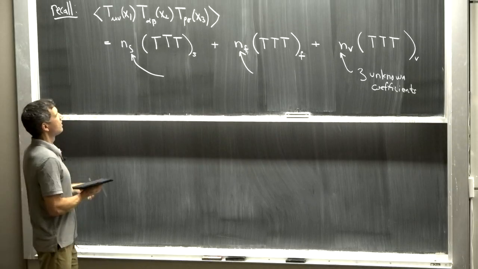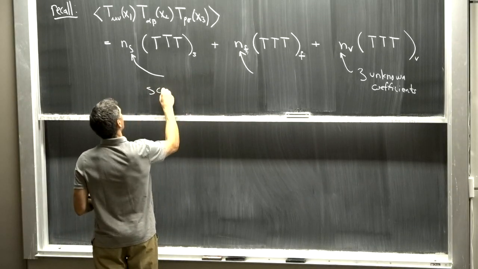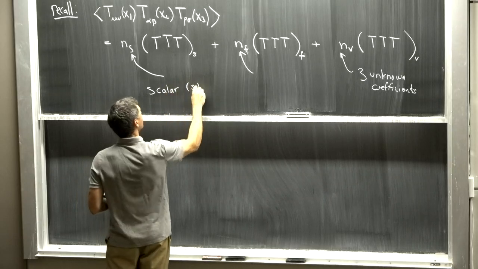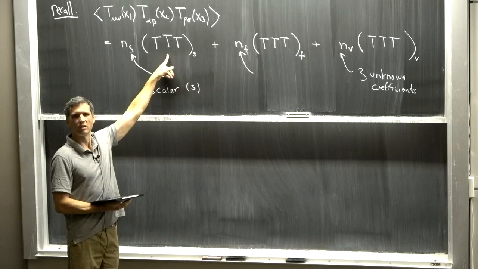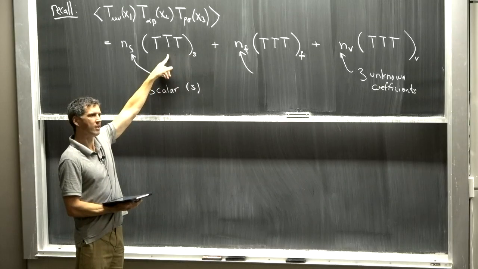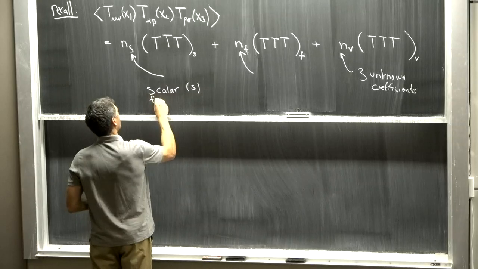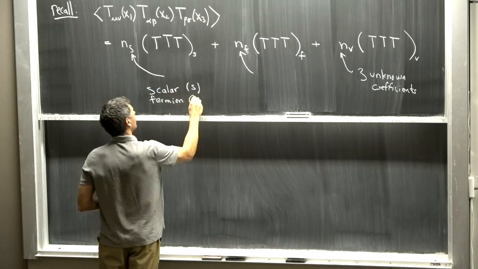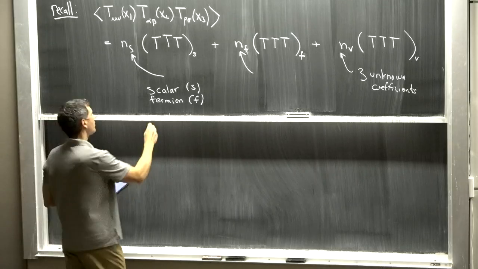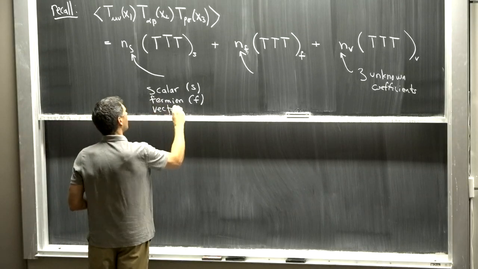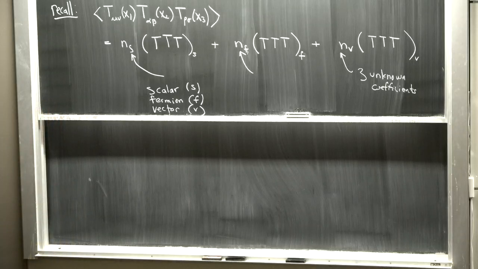So the basis that I picked is one where the first is the stress energy 3-point function of a free scalar. The next one is the stress tensor 3-point function in the theory of a free fermion. And the last one is the stress tensor in the theory of a free vector.